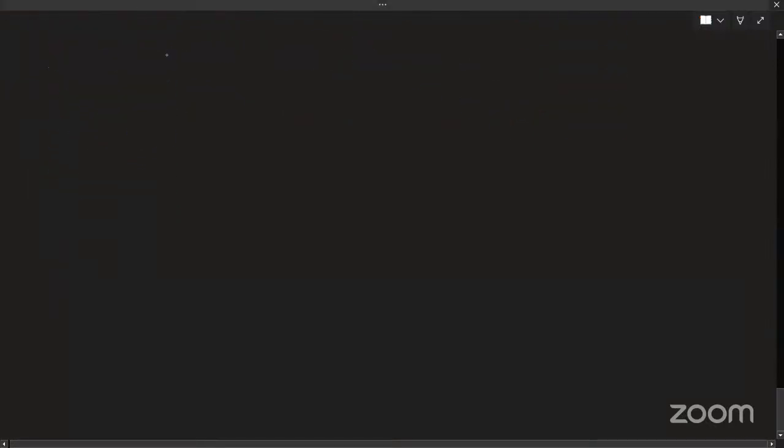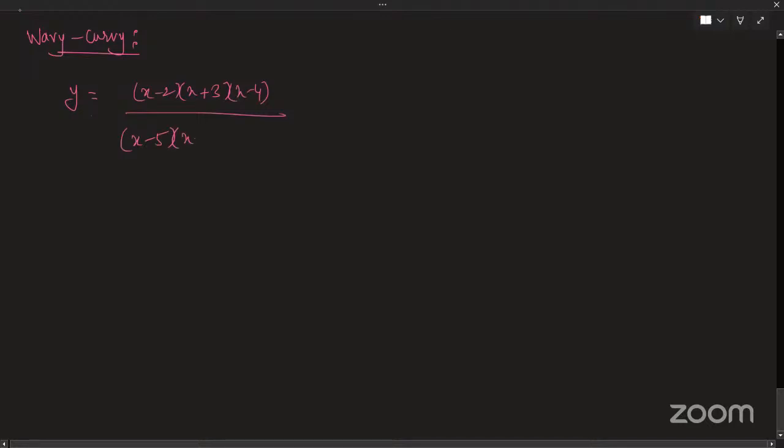Just in case some of you were not there, I would take 5 minutes to explain the wavy curvy method. For example, you have got your y as something like x minus 2, x plus 3, x minus 4, whole divided by x minus 5, x minus 6, x plus 10.